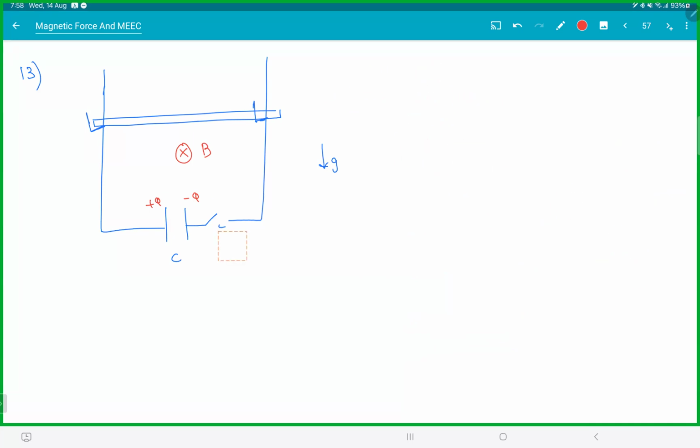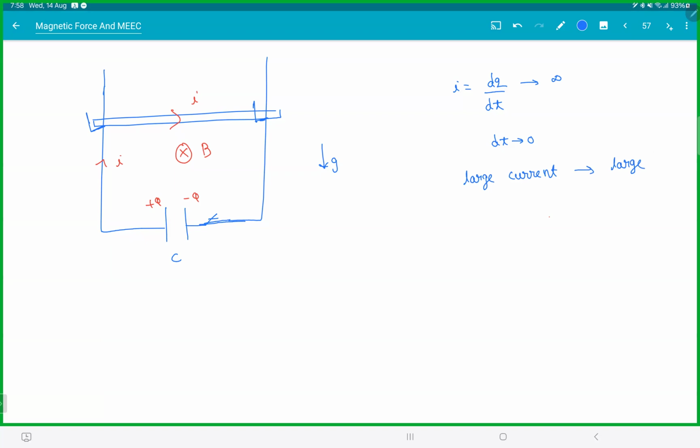So the moment the switch is closed, current I will flow through the circuit. I will be dq by dt. dt tends to 0, so I will tend to infinity. So a large current gives a large magnetic force.